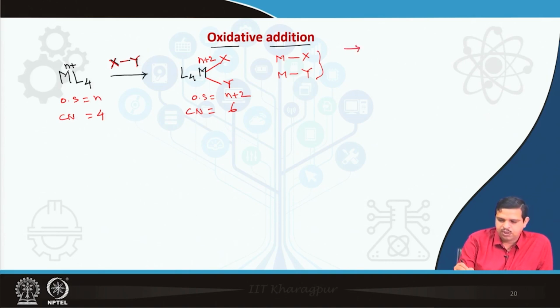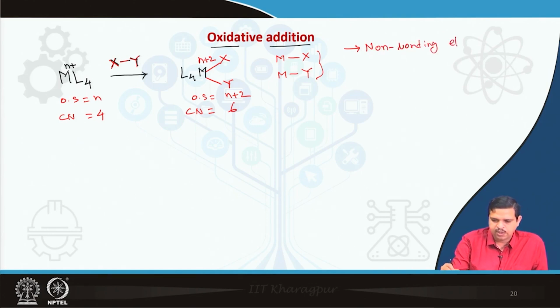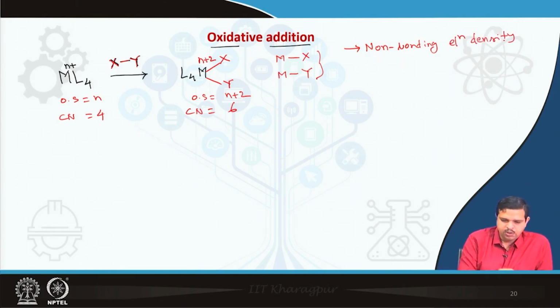So, what happens here? Here few things to note down: non-bonding electron density on metal. So, you should have the non-bonding electrons on the metal.